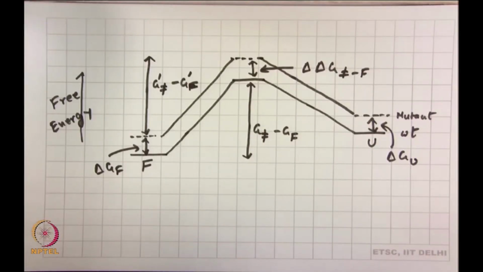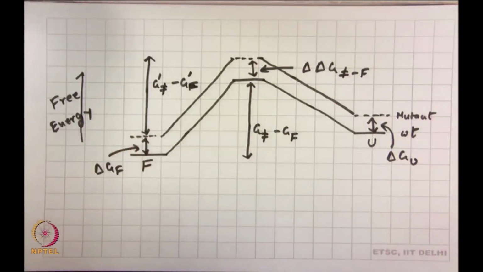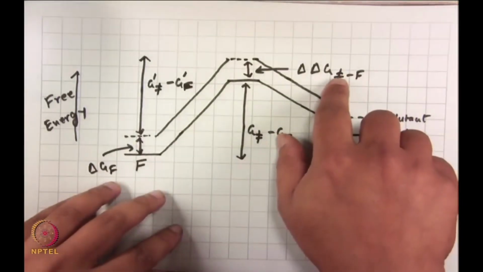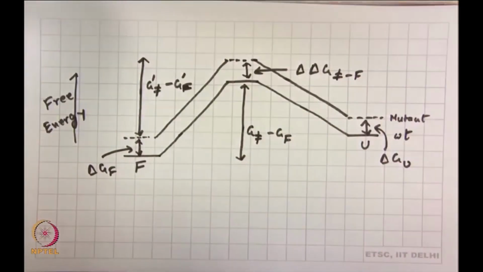This is what we are going to talk about throughout the rest of the class. Now you can understand one thing, if instead of going from the folded to the unfolded state, you would go the other way around, what would happen? This delta Gu and delta Gf would remain the same, no problem, but what would change is, instead of minus F, what should we write? Minus U. That is the only small change that would happen.